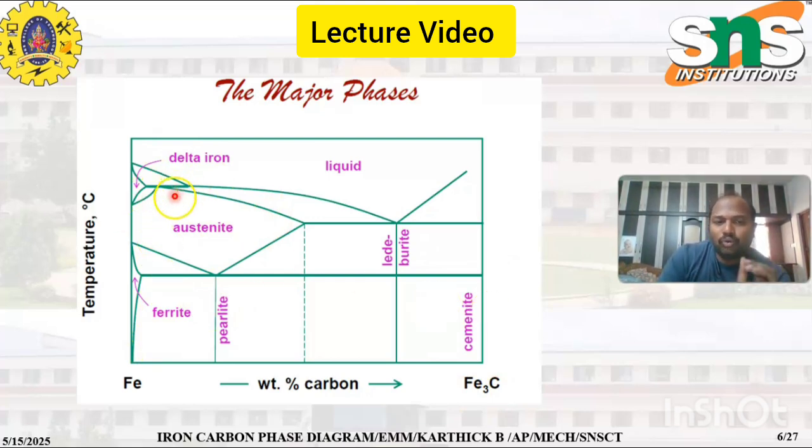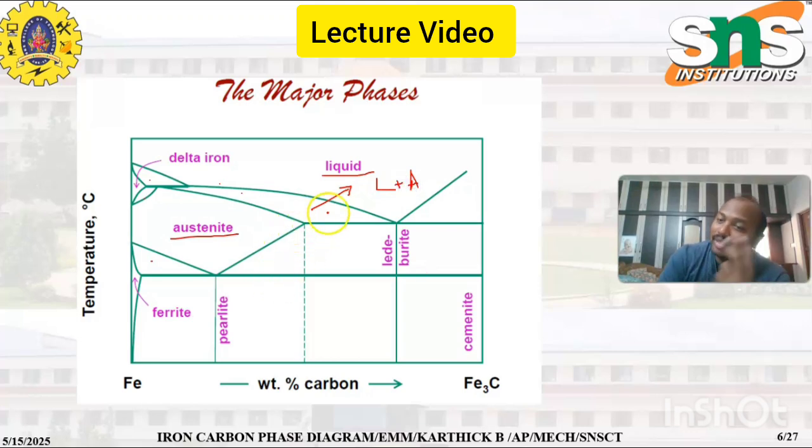Now we can see the loops which are left over. In this loop we can see the combination of two major phases. Liquid is a major phase, austenite is a major phase, so here it forms liquid plus austenite.